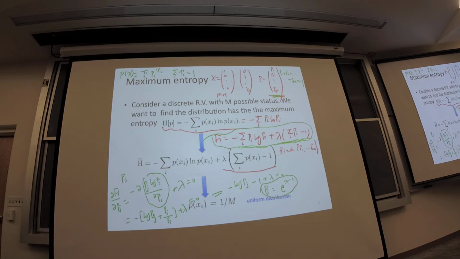Because there is only one lambda value, right? So we see the value of Pj does not depend on j. So actually that means P1 equals P2 equals Pn equals e to the power of lambda minus 1. Right?